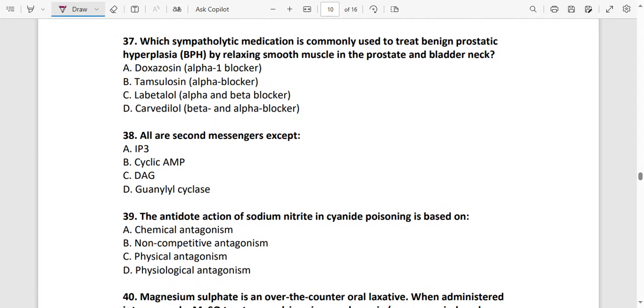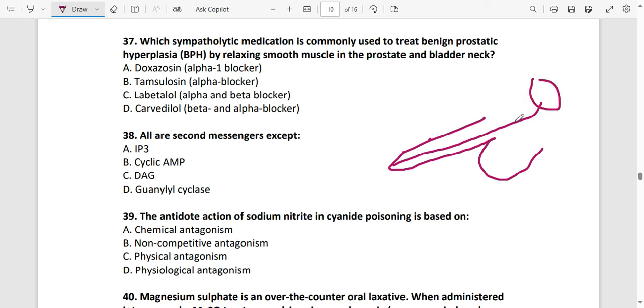Which sympatholytic medication is commonly used to treat benign prostate hyperplasia by relaxing smooth muscle in the prostate? So the thing is this. Here is the male. So that is going to be the urethra there connecting to the bladder and such.